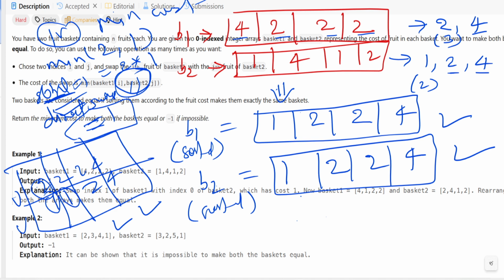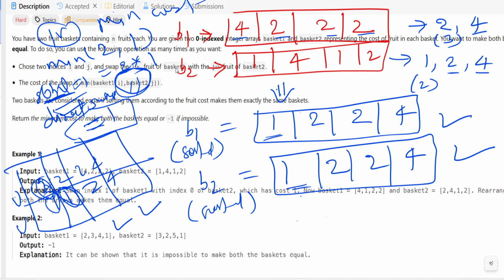So it will become what? Let's suppose this 2 will make this one swapping. Once this is swapped, it will become this one, right? And that is why we have gone through all those steps, swapping, right? Minimum swap, we'll do the direct swap, otherwise we will choose the alternative swap. In the alternative swap, where the smallest fruit is, we have taken the global min, and global min was, let's suppose, 1.